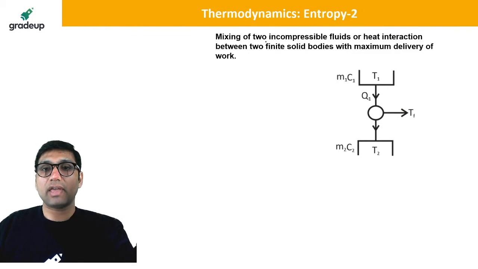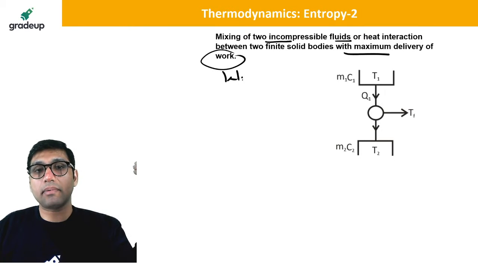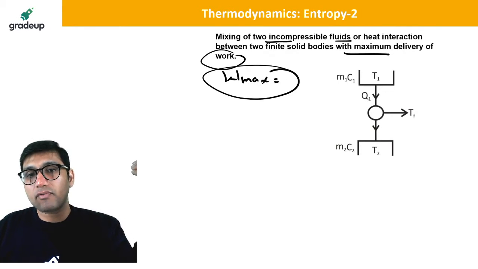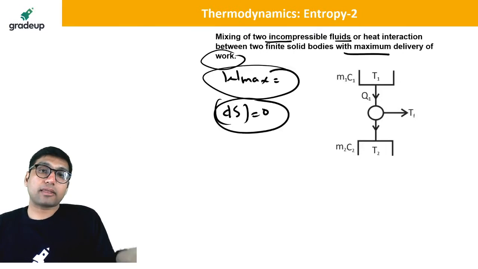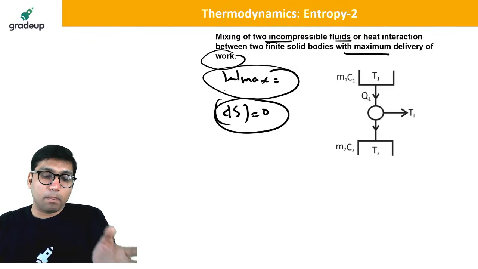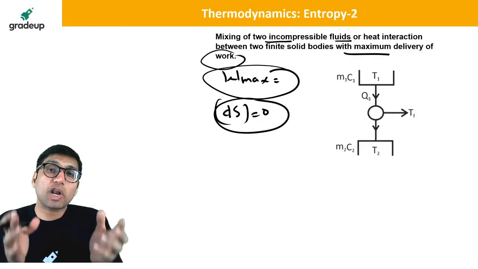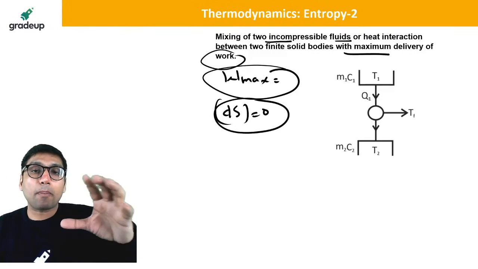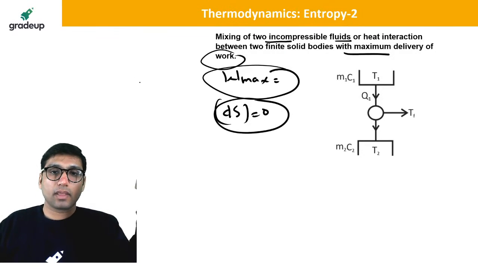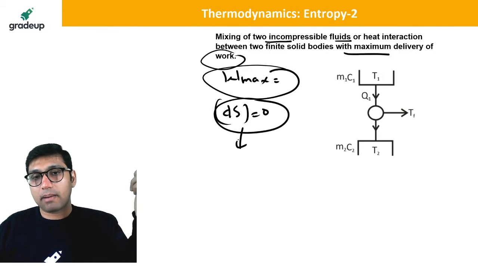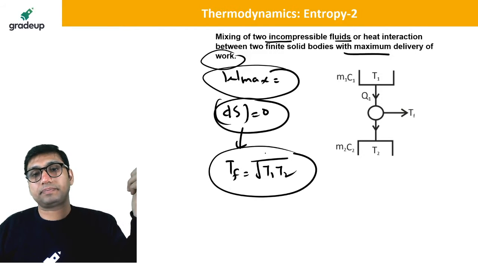There is another case when we are mixing two incompressible fluids with maximum delivery of work. If you are obtaining maximum work, it is only possible if the total entropy change is zero. Maximum work can only be obtained from a heat engine or any device when there is no entropy change during the process. If entropy change becomes zero, the final temperature becomes the root of the product of these two temperatures.